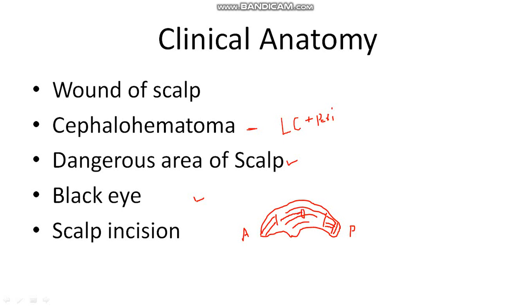The forces in these directions will cause delayed wound healing and large scar formation. But when we give an incision in the direction of the fibers, there will be good healing and less scarring. This is all about the lecture. Thank you.